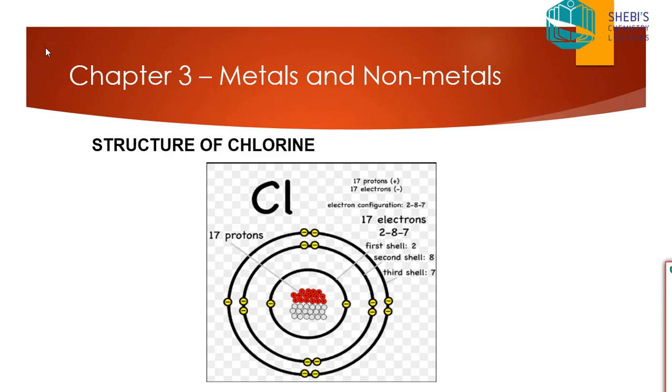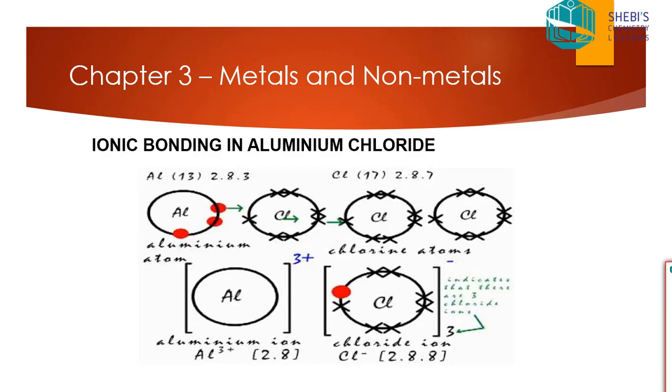Chlorine has atomic number 17, so the electronic configuration is 2, 8, 7. In the last shell you can see 1 unpaired electron and 3 paired electrons, that means 6 electrons plus 1 unpaired. Chlorine is always looking for 1 more electron in the last shell so that it will get the octet. So let's check how aluminium and chlorine will bond with each other.